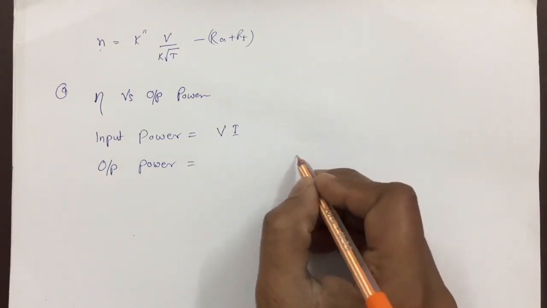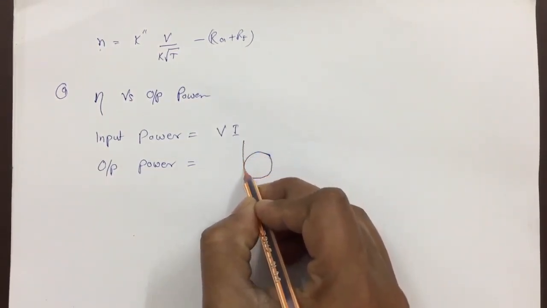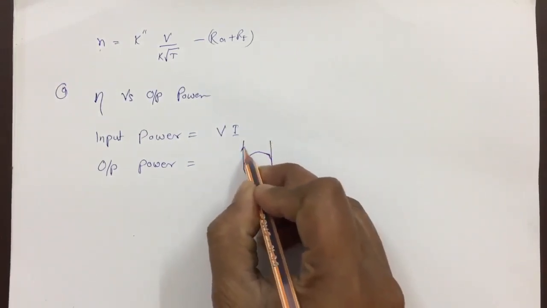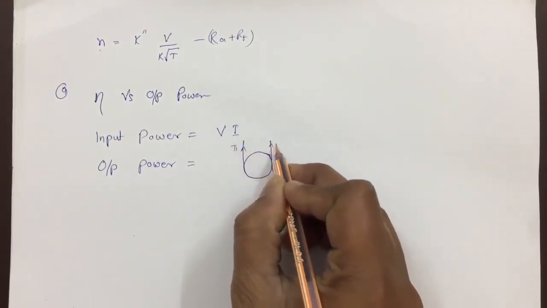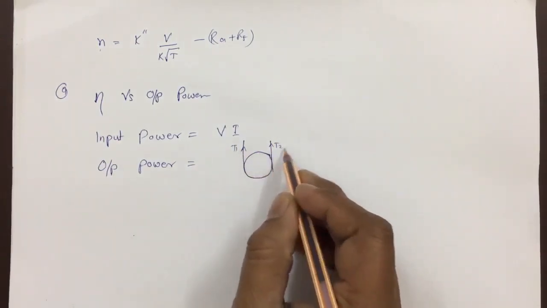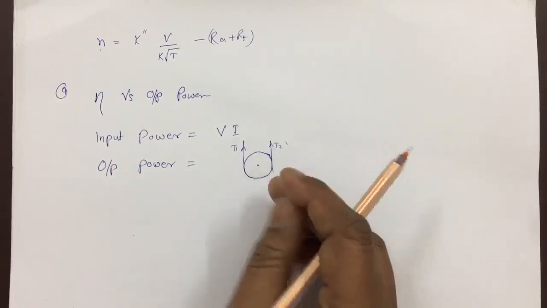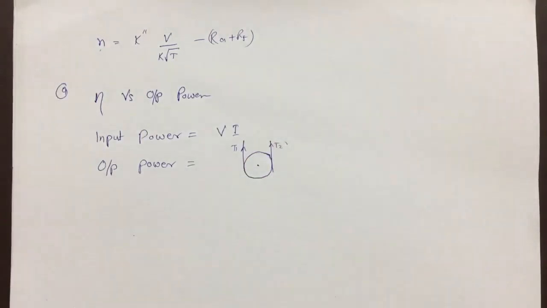For mechanical output, there is a pulley, and we are applying tension, this is T1 and this is T2. By changing the tension at this, we are changing the load at the motor.